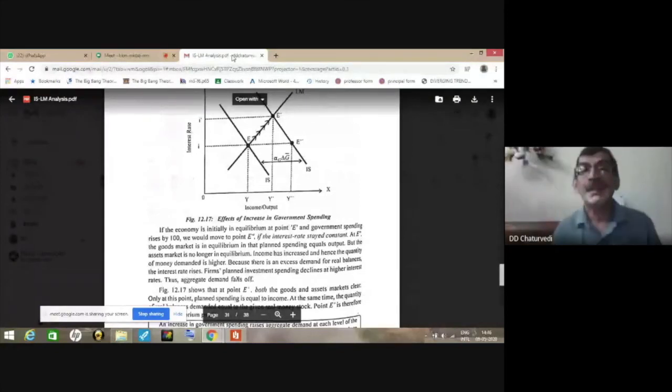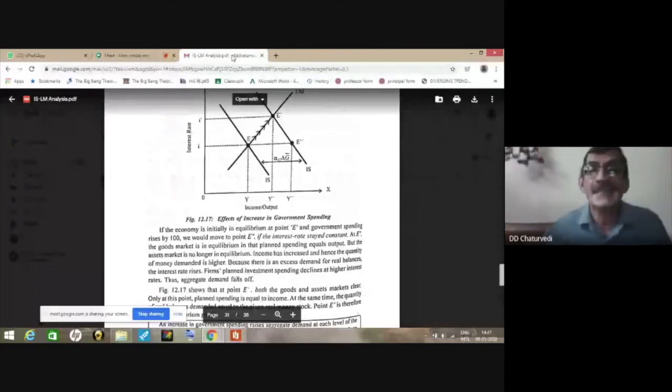So we assumed investment is autonomous and there is no change in investment. But in this chapter, at E double dash, the asset market or money market is no longer in equilibrium. Income has increased and hence the quantity of money demanded has become greater.